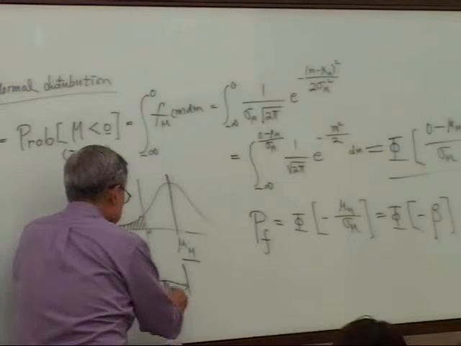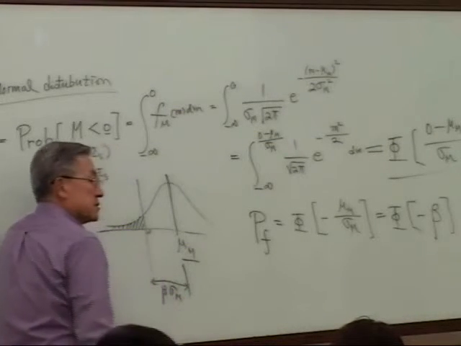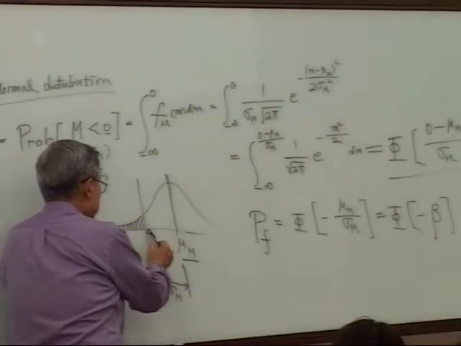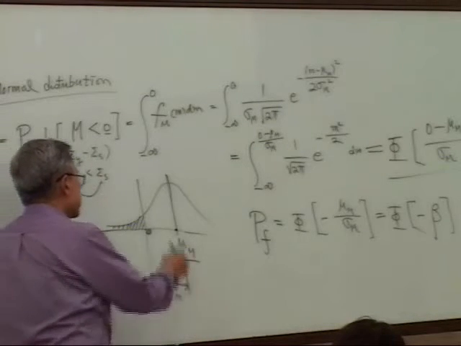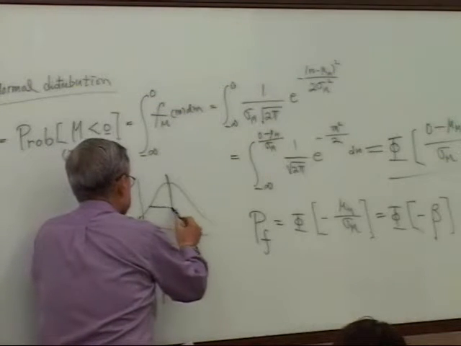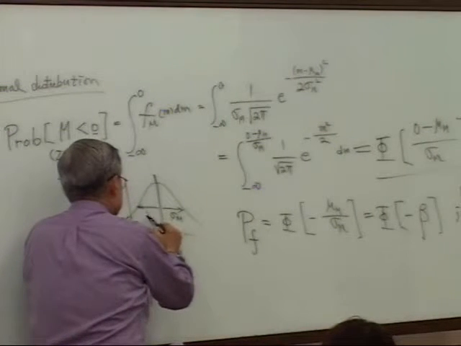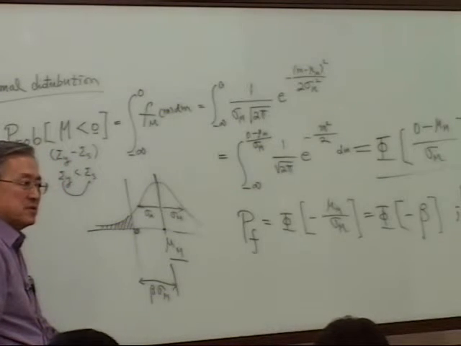So this is beta times sigma m, from here to over here. Of course, this dispersion is the value of a standard deviation.